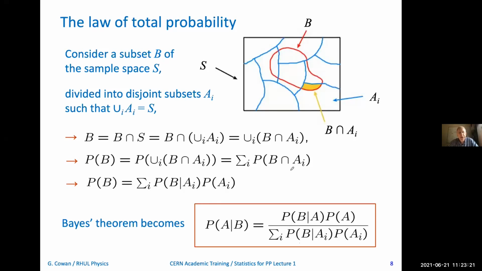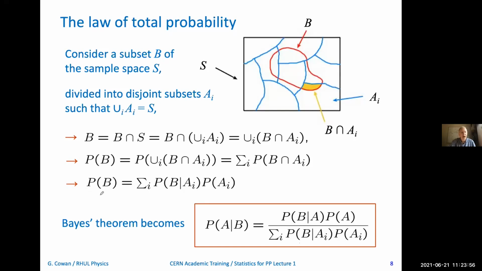But then if you go back and think about the definition of conditional probability, P of B given A sub I is defined as P of B intersect A sub I divided by P of A sub I. And so if you solve that for P of B intersect A sub I, you can see that that's none other than what I've written here on the final line. Okay, so P of B is equal to the sum over all of these subsets A sub I, P of B given A sub I times P of A sub I.